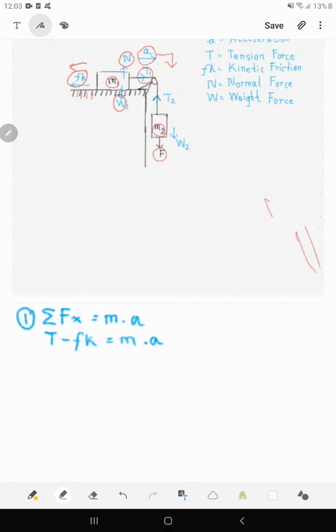The kinetic friction formula is mu k times normal force, which is mass times g.